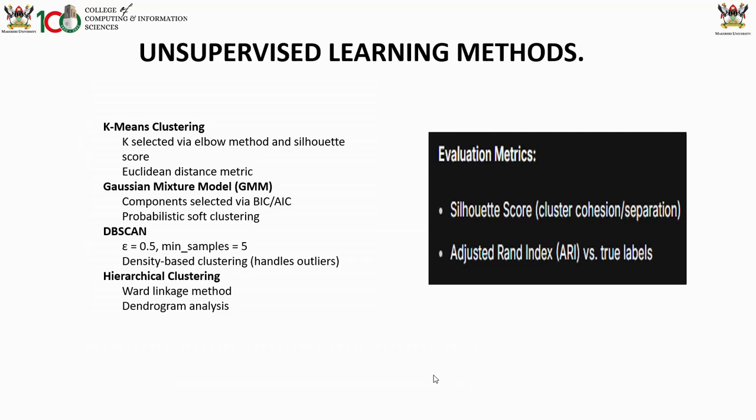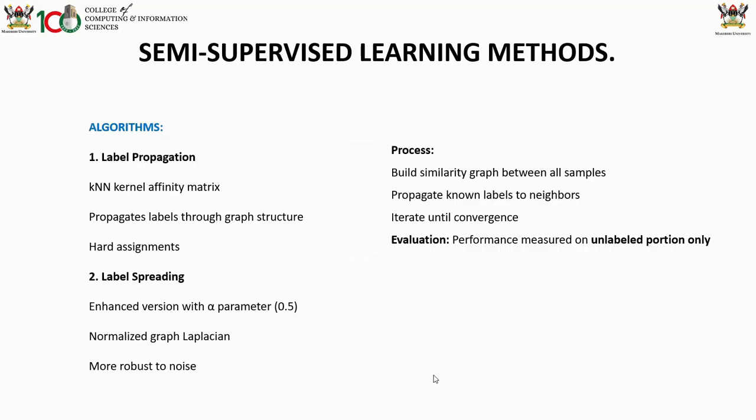That's unsupervised learning. Then semi-supervised learning, we look at quite a number of algorithms, that is label propagation, where a kernel affinity matrix propagates, in this case, progress label through graph structure, then hard assignments.